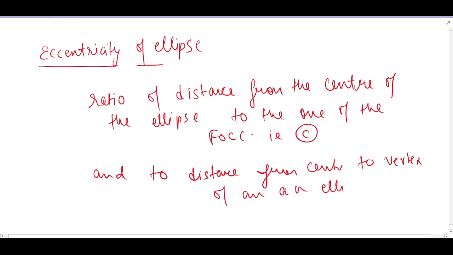By vertex we mean the endpoint of the major axis, that is a.